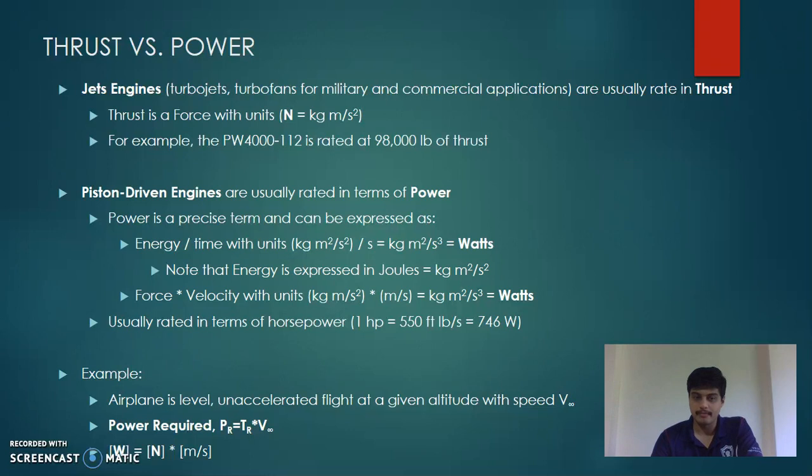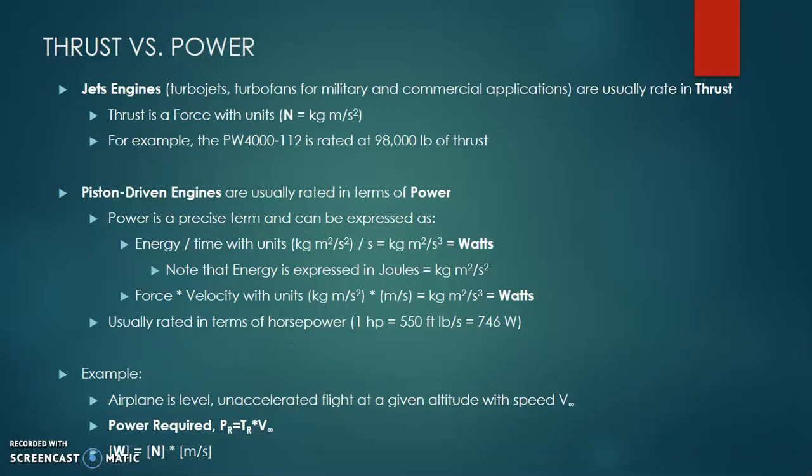So it is a power rated engine that you will use, and if you use a power rated piston engine, you will have to specify what wattage is required by first computing the velocity and then computing the thrust required. It is as simple.